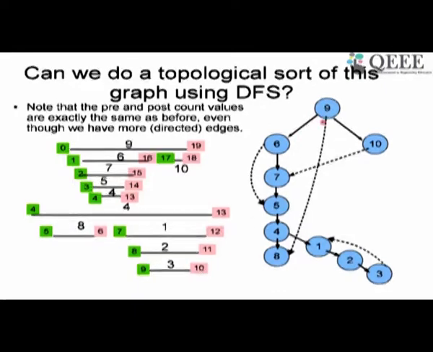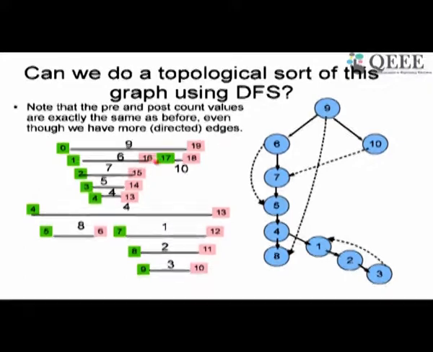So you see a very interesting property here about the post values. For 9 for example the post value is 19, for 10 the post value is 18, for 6 the post value is 16 and so on.